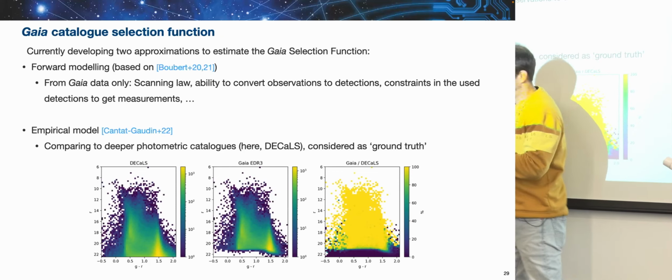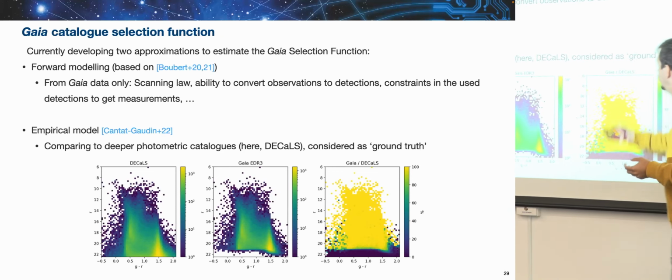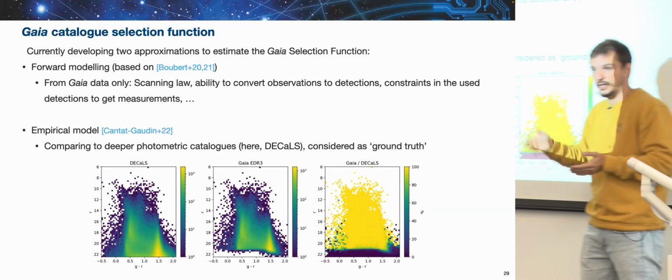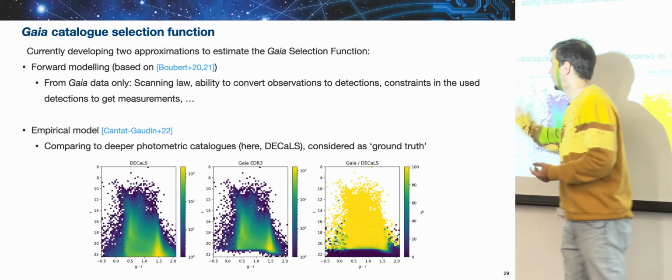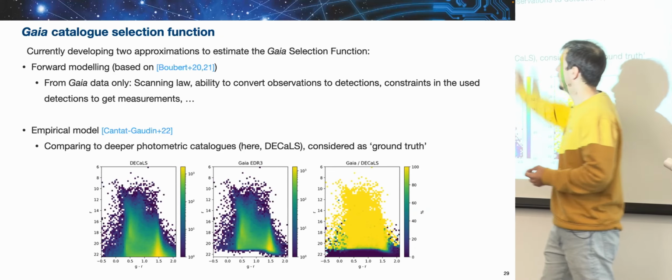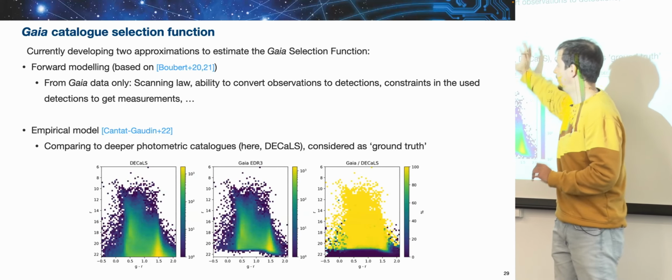So the scanning law, how Gaia scans the sky, the ability to convert these observations into detections, then how we get rid of spurious or bad detections, or the decisions taken in the data processing. This is something we are working on, preliminary, so I'm not focusing on this now.